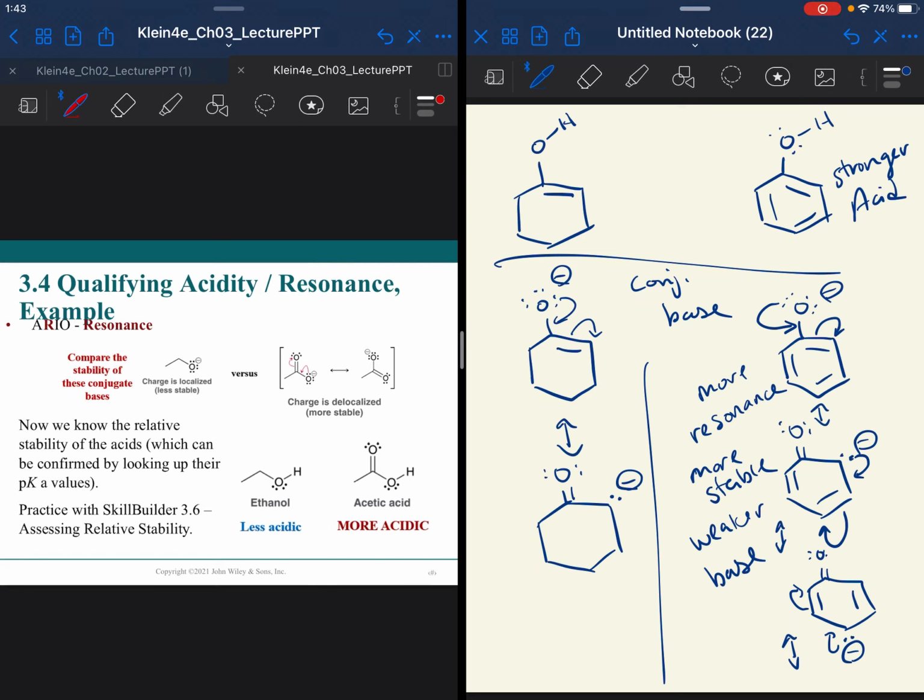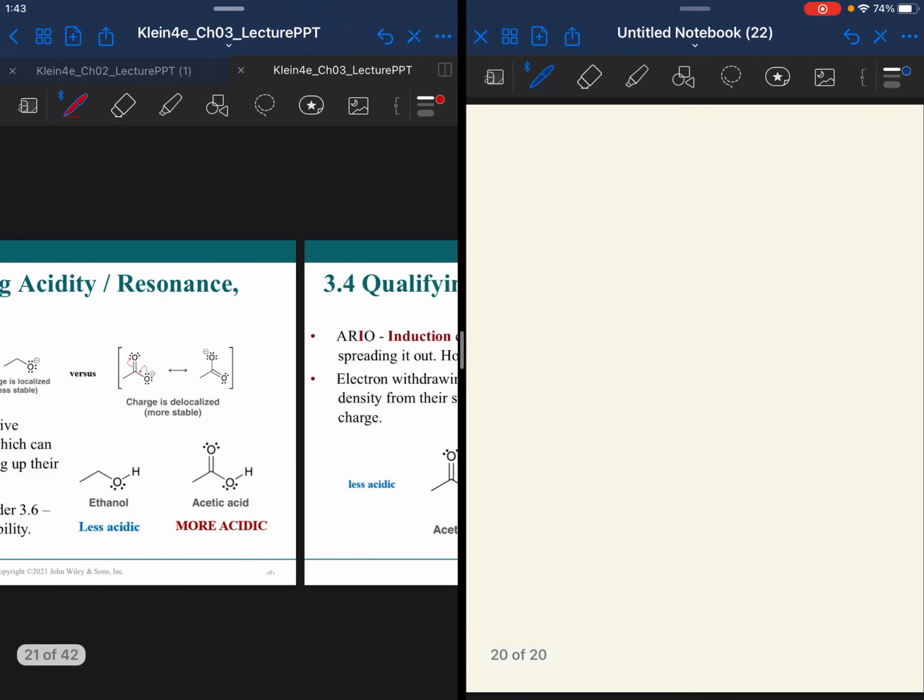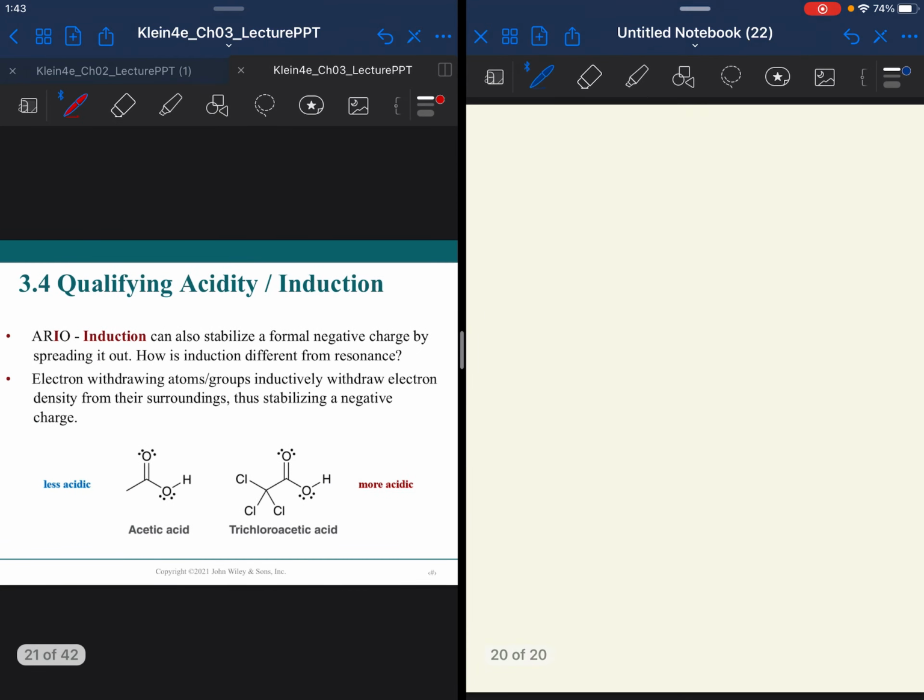All right, so when we are analyzing structures for acidity qualitatively, we're going to check for charge. We're going to check what atom the charge is on. If we can't make a decision from that, we're going to check for resonance. More resonant structures are more stable. If that does not help us, then we can check for the inductive effect.